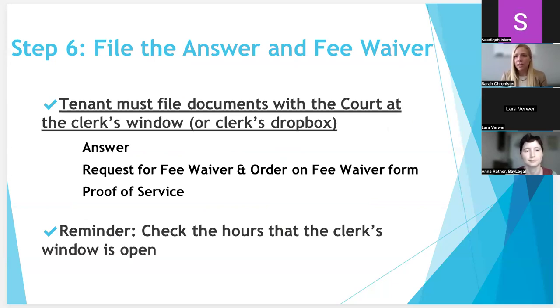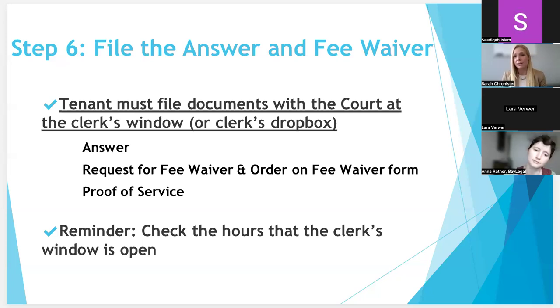There is a Dropbox, but for all the reasons Laura said, it can be scary if you don't have someone in front of you saying your answer has been accepted, because many, many times we have answers rejected because of small errors that maybe they shouldn't even be rejected, but they are. And the consequences are very bad for tenants if an answer is rejected, even for an incorrect reason.